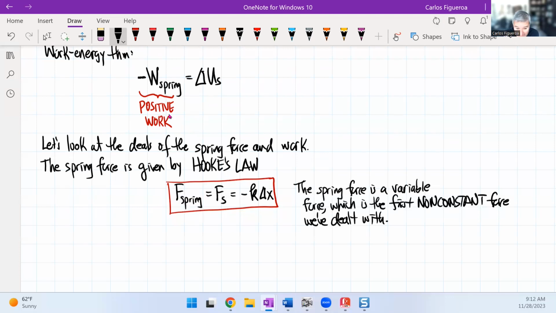And what you're seeing here is that there's a couple of things here. So the first thing that you want to see here is that K is known as the spring constant. And the spring constant tells us about the strength of the spring.